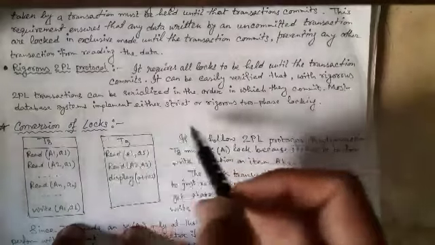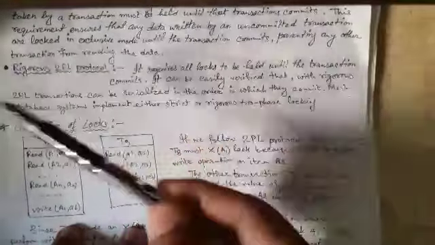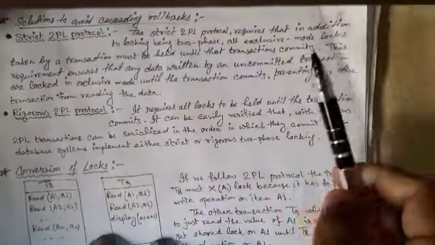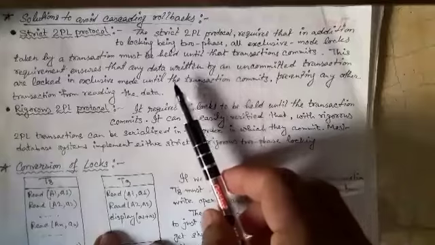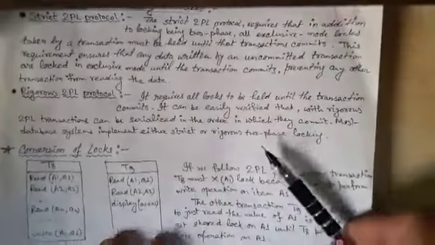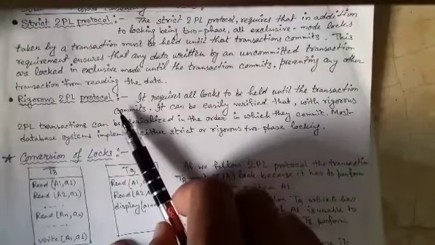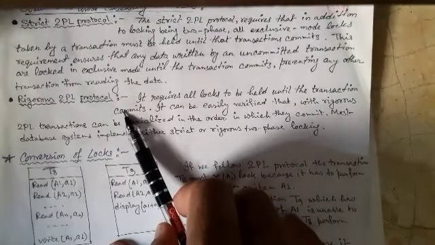Most database systems implement either strict two-phase locking protocol or rigorous two-phase locking protocol to avoid cascading rollback or some cases of deadlocks.